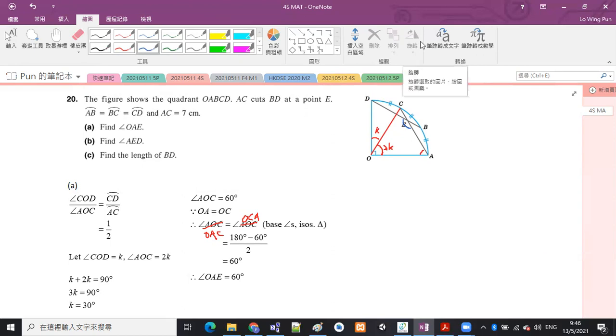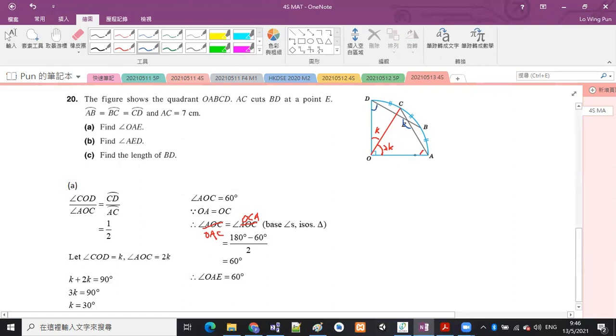this angle is an angle in this quadrilateral, OAED. And we have found this to be 60 degrees. And this one is 90 degrees. Can you see that angle ODE should be exactly equal to OAC?